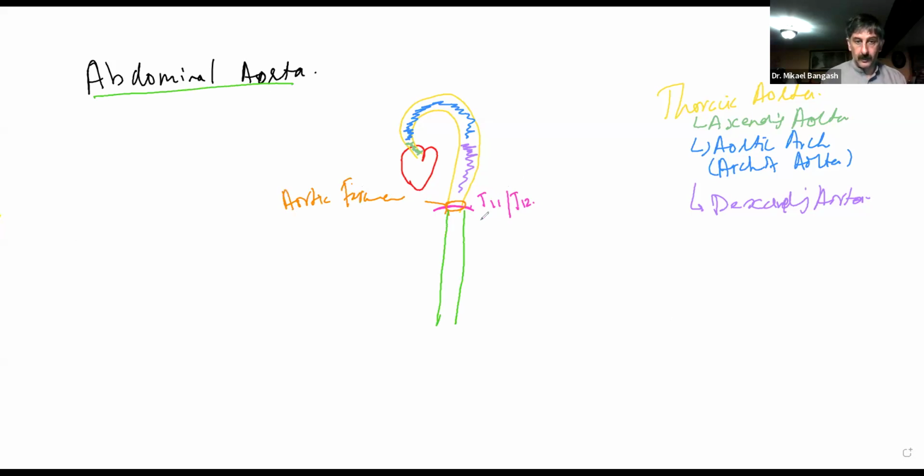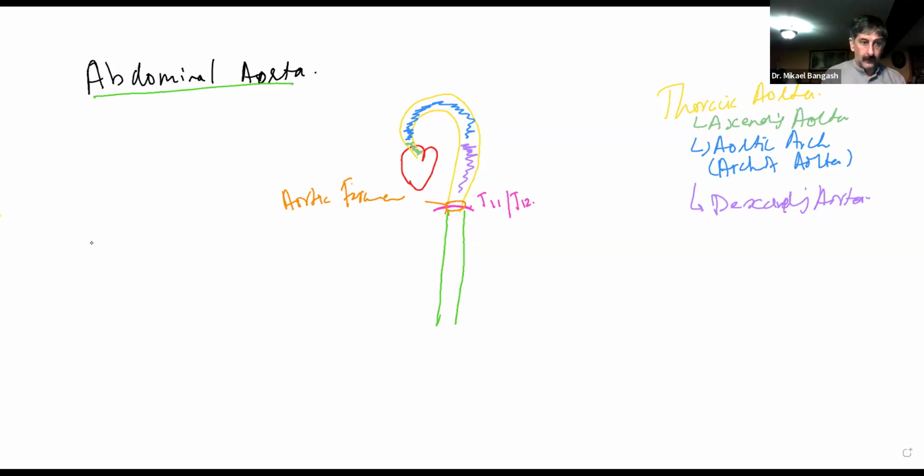So that's what we call the abdominal aorta. It is still the aorta that continues, but now since it's within the abdomen, we will call it the abdominal aorta.